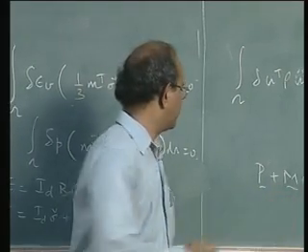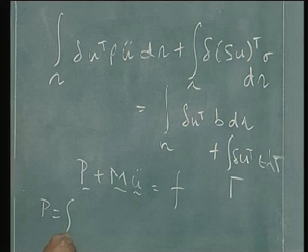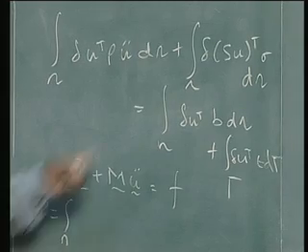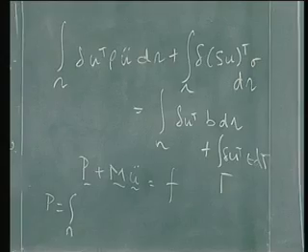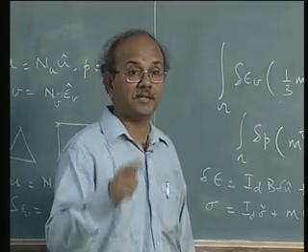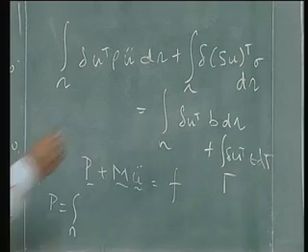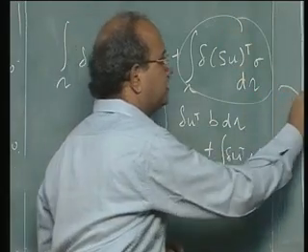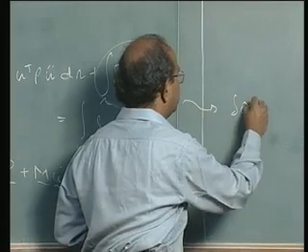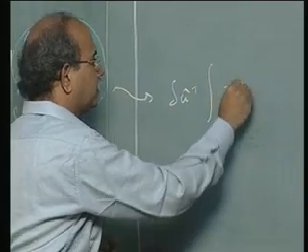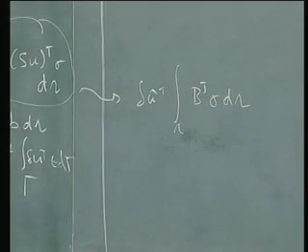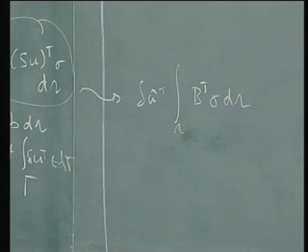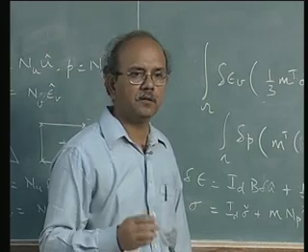So from where do I get this? I get it from delta epsilon transpose. So delta epsilon transpose is delta U hat transpose, and delta U hat transpose will go out. So this term, I can write as delta U hat transpose integral B transpose sigma d omega. So P remains the same, B transpose sigma d omega.